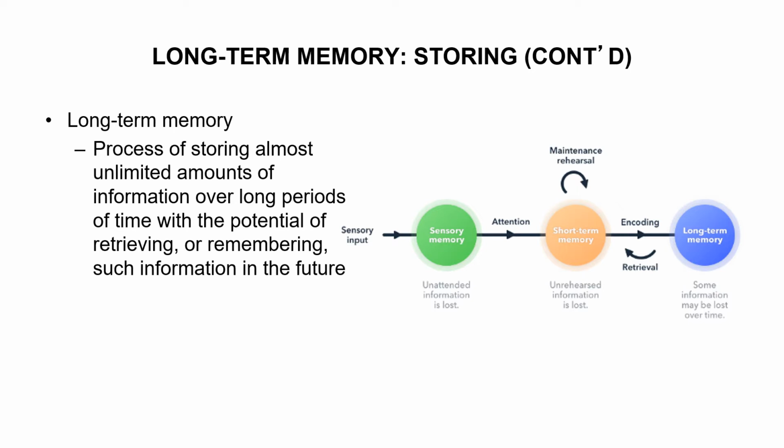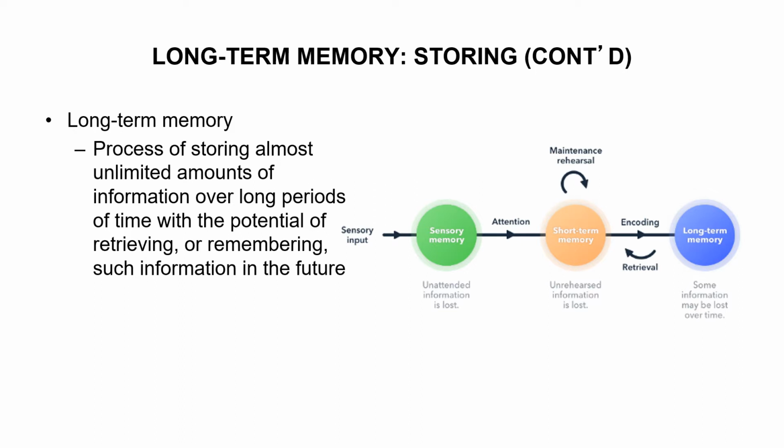So long-term memory is the process of storing almost unlimited amounts of information. I'm not going to say it's unlimited. It's not infinite, but it's relatively unlimited. We found that the mind can keep storing more and more information as long as you've got neurons to make connections.